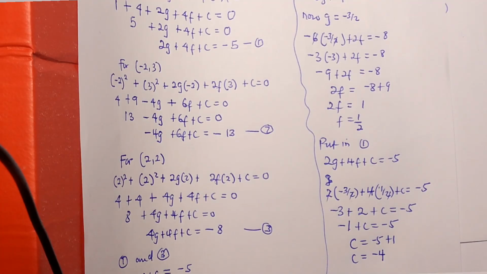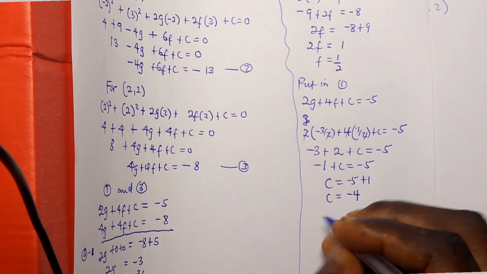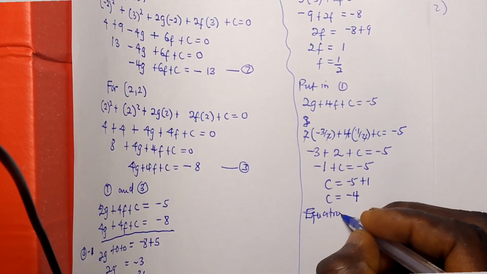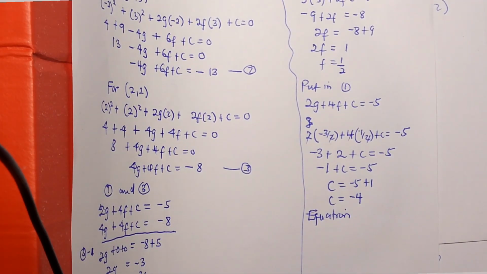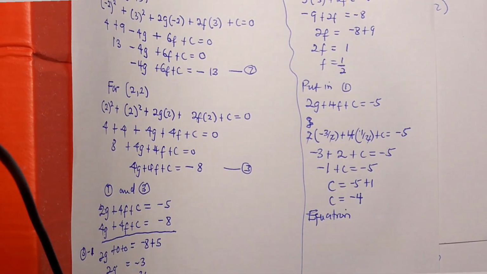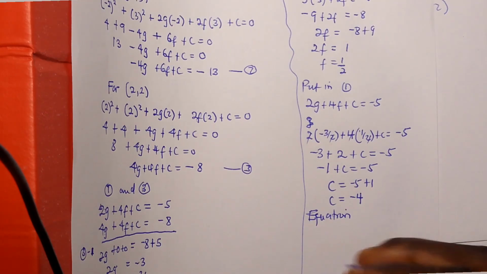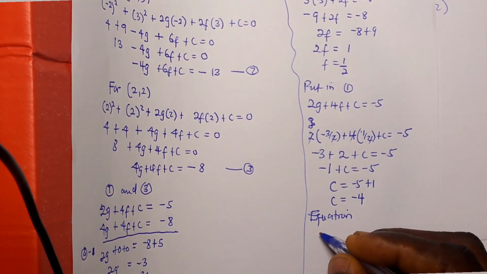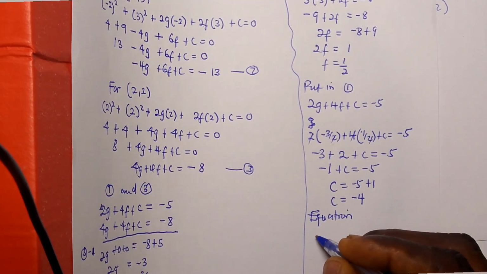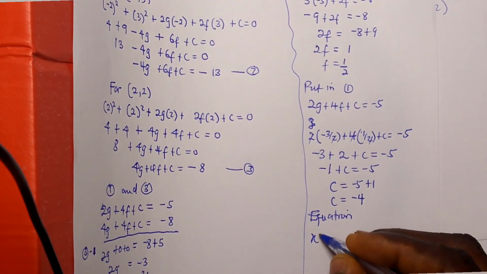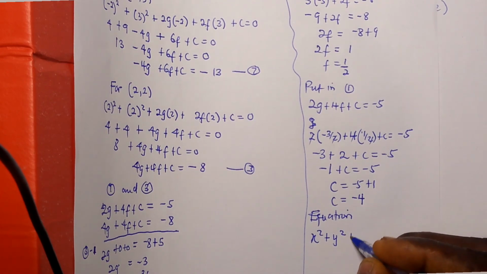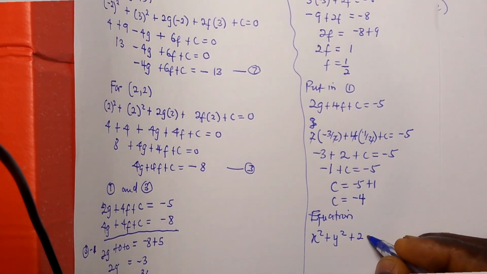So now that we've gotten the values, you are now going to write the equation. So our equation is going to be x squared plus y squared plus 2j x plus 2f y plus c is equal to 0.